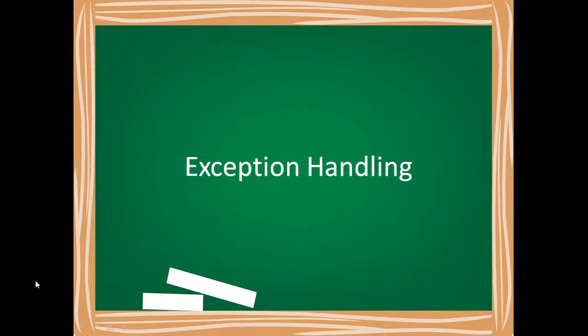So if we keep this type of calculation inside the source code, it couldn't understand the error. That's not a syntax error, that's a logical error. Actually 1 by 0 is a logical error.